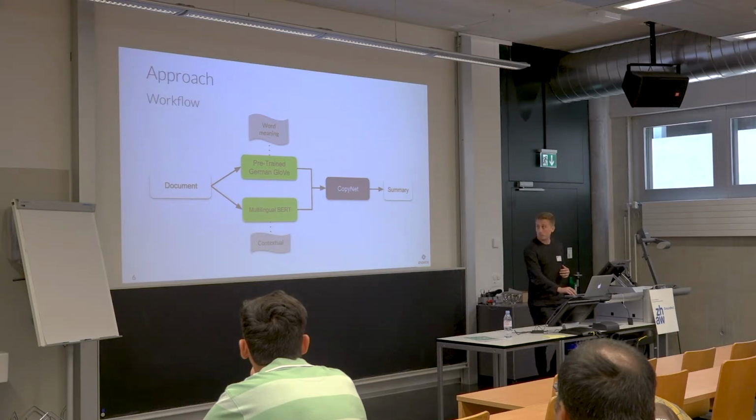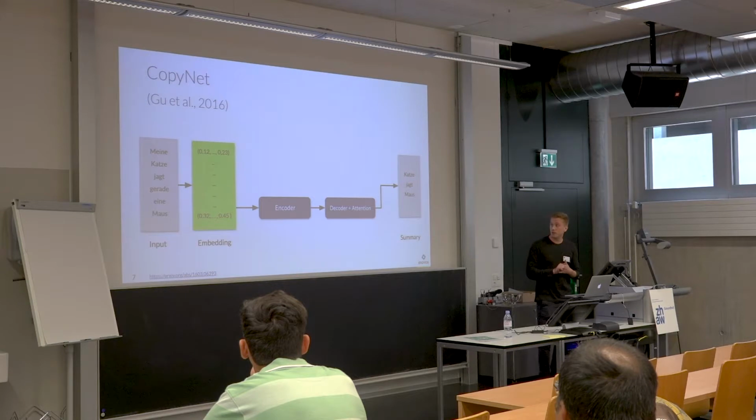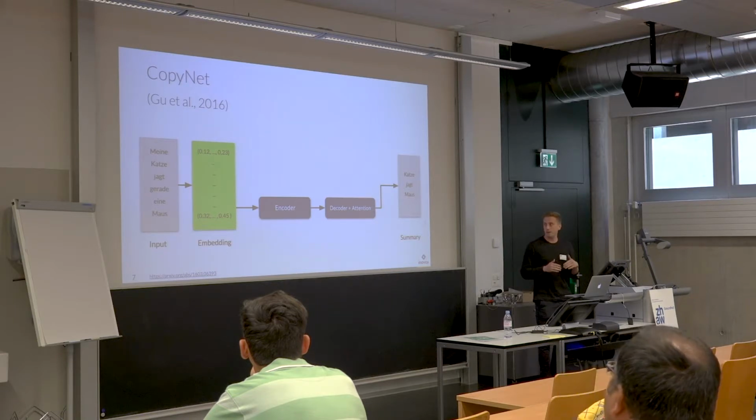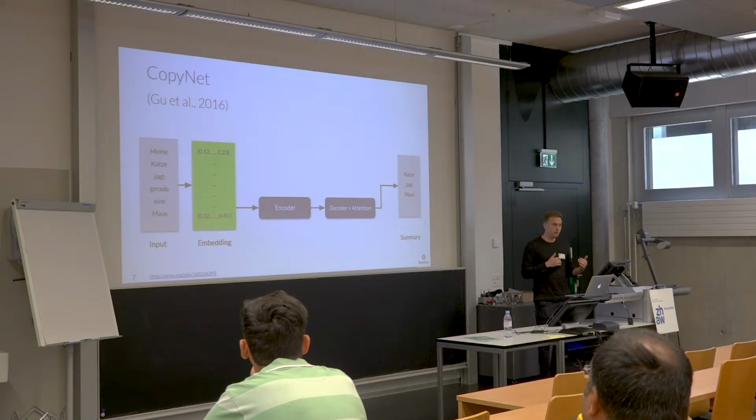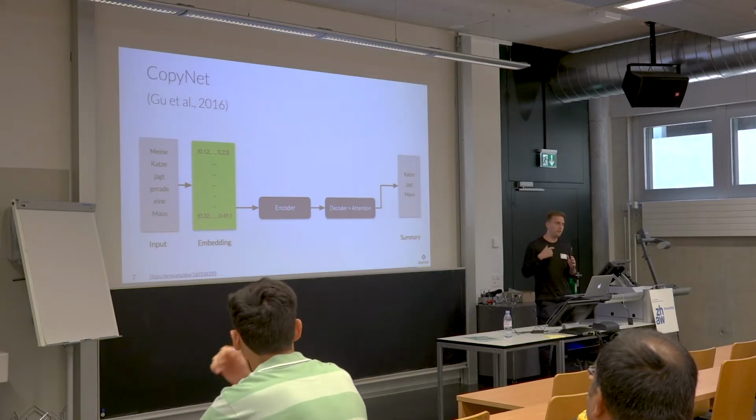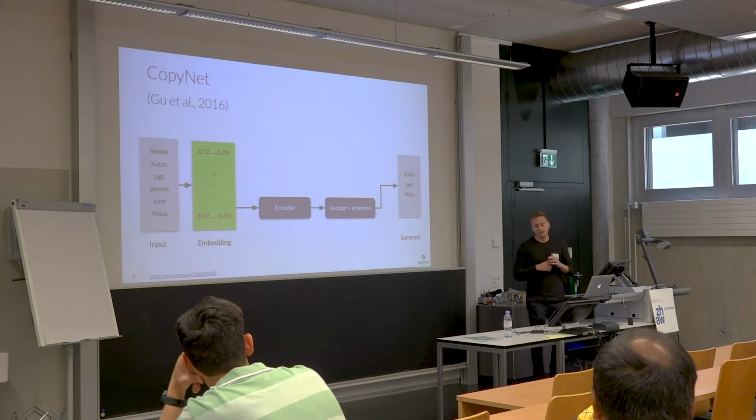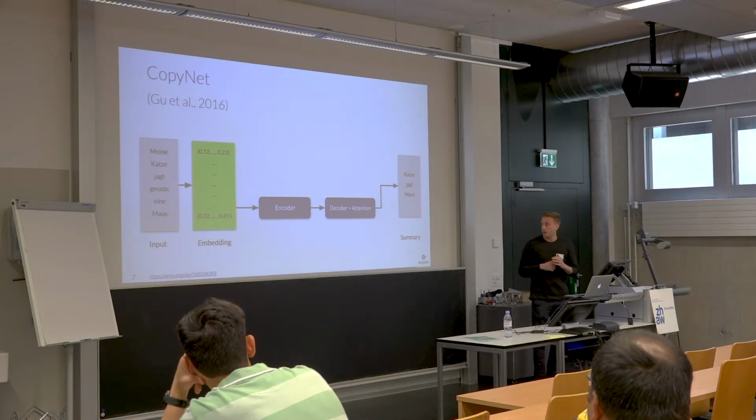To take a look at the summarization model, it's quite similar to the one we've seen before. We use an encoder-decoder model. The encoder reads the input document, creates an intermediate representation, and the decoder starts to generate summaries word by word.